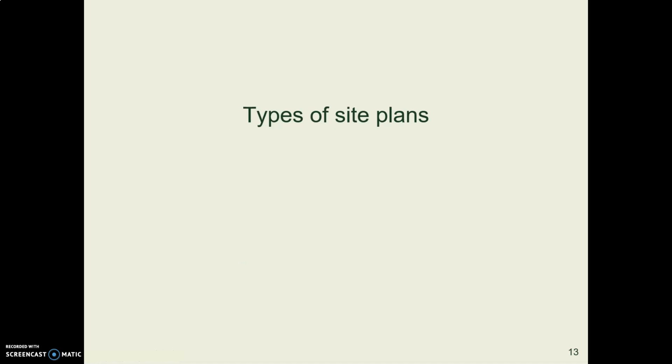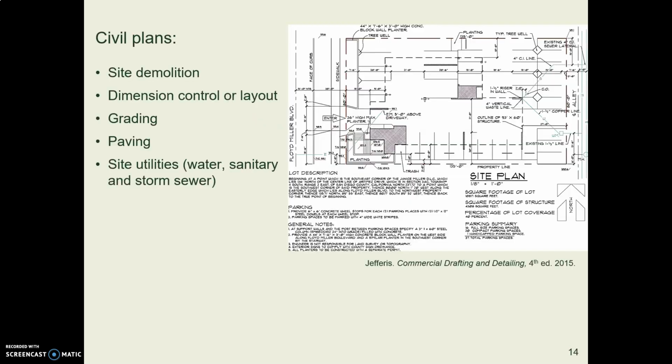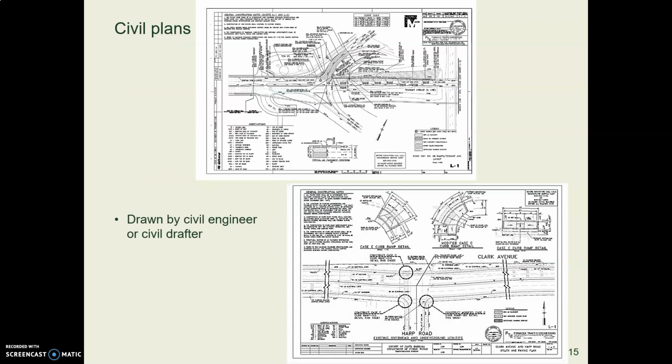Now let's just zoom through types of site plans. This is one of those situations where I've given you a lot of information for your reference in case you need to come back to it later when you're at work. I don't want to belabor these points too much. So civil plans will contain these kinds of things.